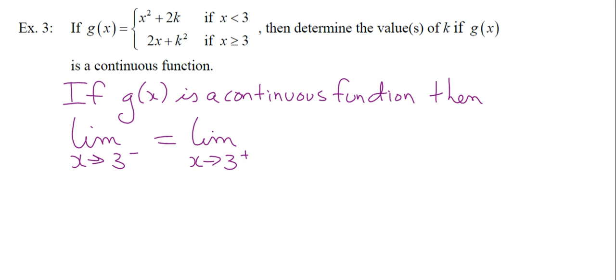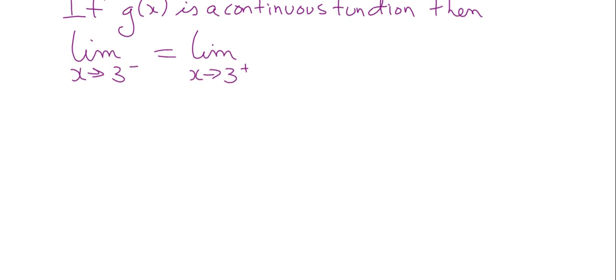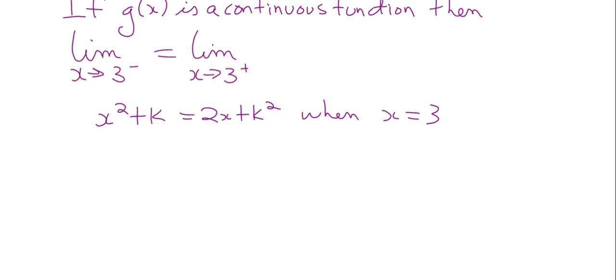Which means that x squared plus 2k has to be equal to 2x plus k squared when x equals 3.